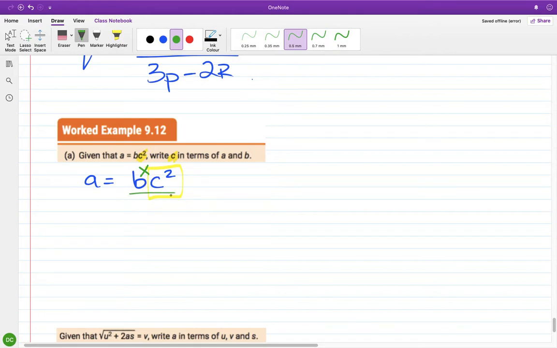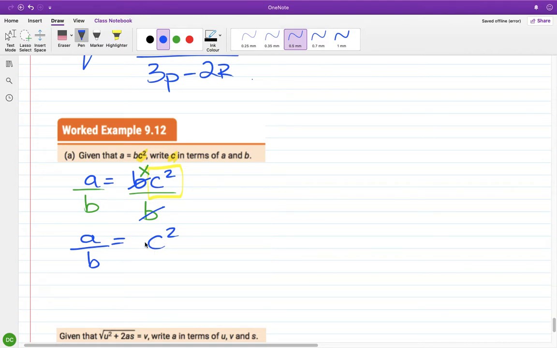So to get rid of that multiply by b, I'm going to divide by b. If I divide by b on the right hand side of the equals, I have to divide by b over here. So these cancel, leaving me with c squared. And over here I have a over b, which I can't do anything with.